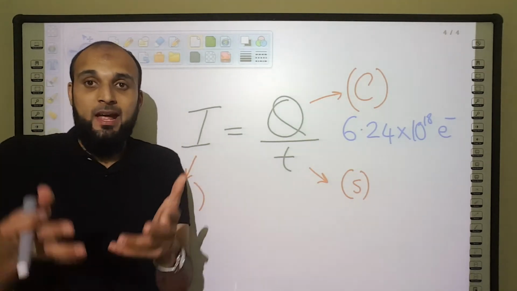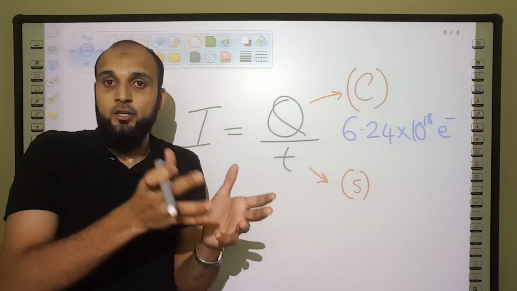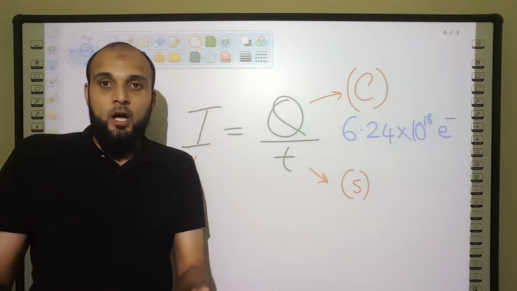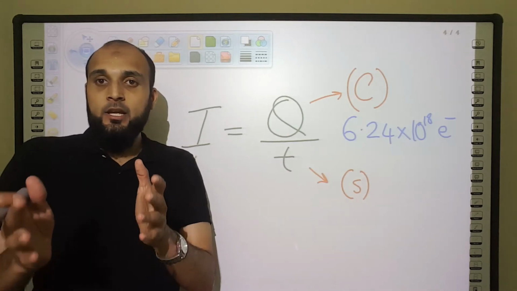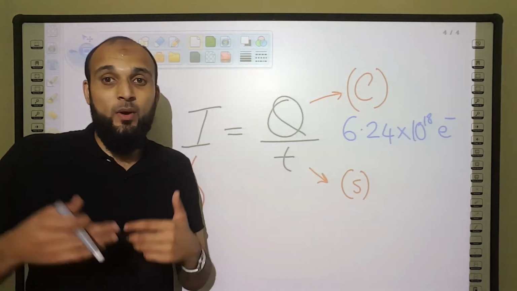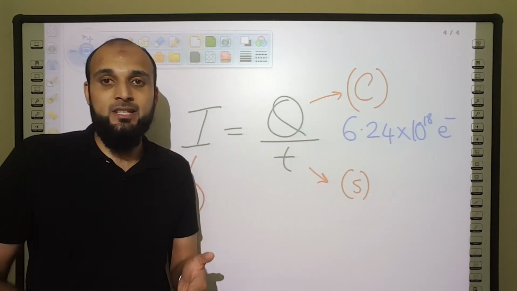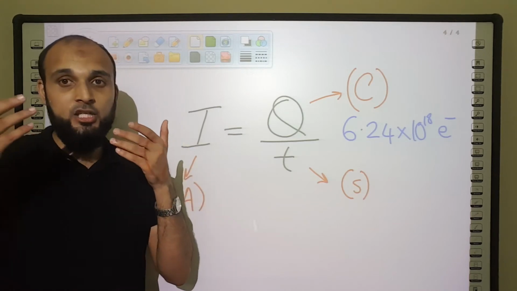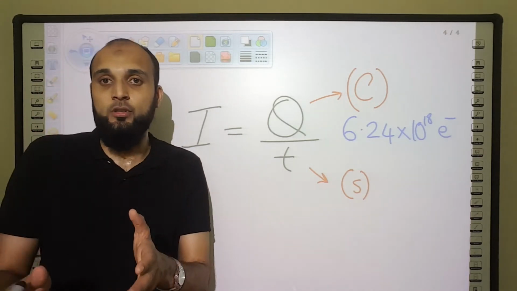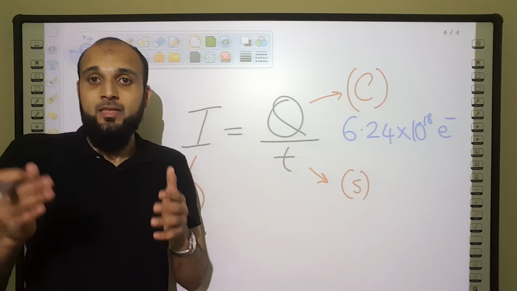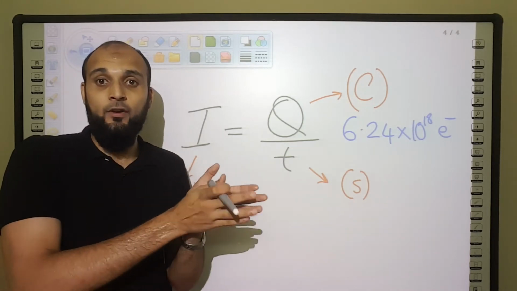Now, electrical current, as you'd expect, has a direction of flow as well. And you know what? The earliest scientists, when they started studying electricity, they thought that the charges that were flowing were not the electrons, which are negatively charged. They thought positive charges were flowing through the circuit.